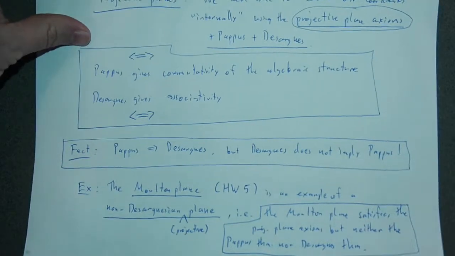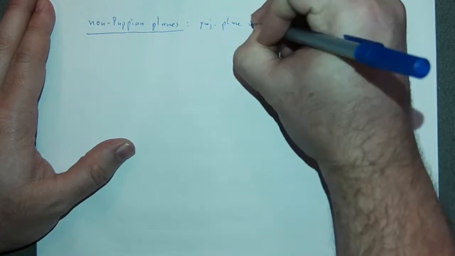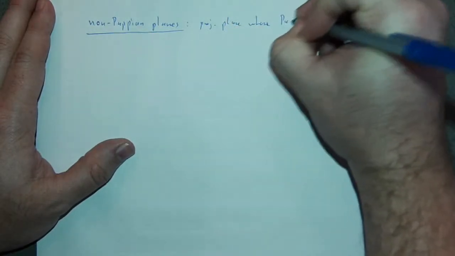Okay, so let's think about a couple of other things here. So, what about non-Pappian planes? So, what is a non-Pappian plane? A non-Pappian plane is a projective plane where Pappus' theorem is false.